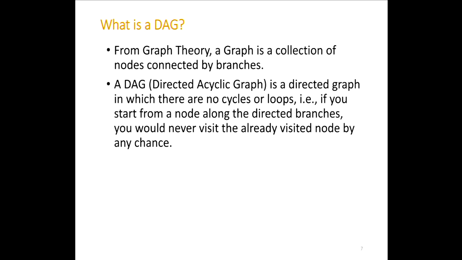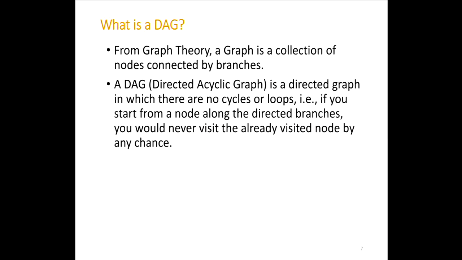You can think about the application in terms of a flowchart, but with a flowchart you might have looping, whereas with a DAG you're more directed. You're going forward, transitioning from one node to another, and there are no loops back to the same previous node.